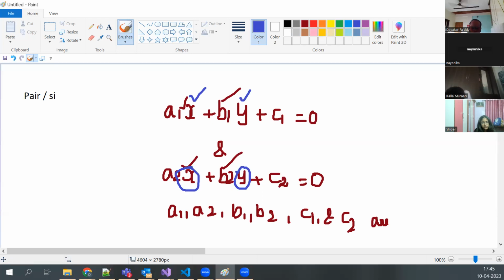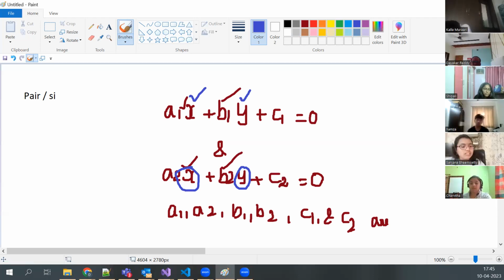So how many variables you are having here? Two variables. If you want to solve and find the value of x and y, then you should have two equations. That is mandatory.